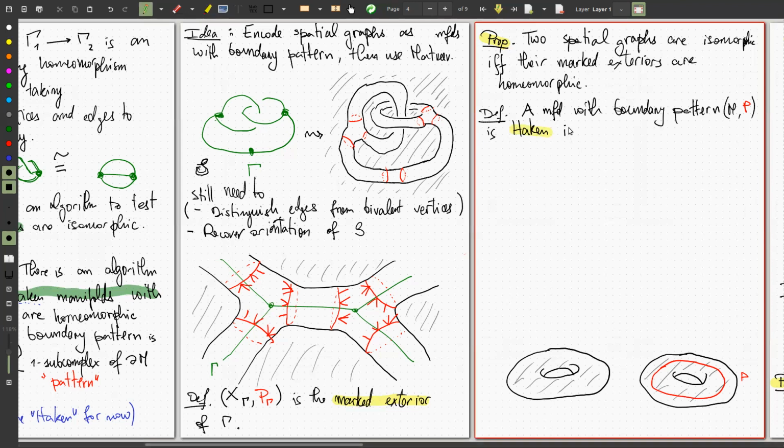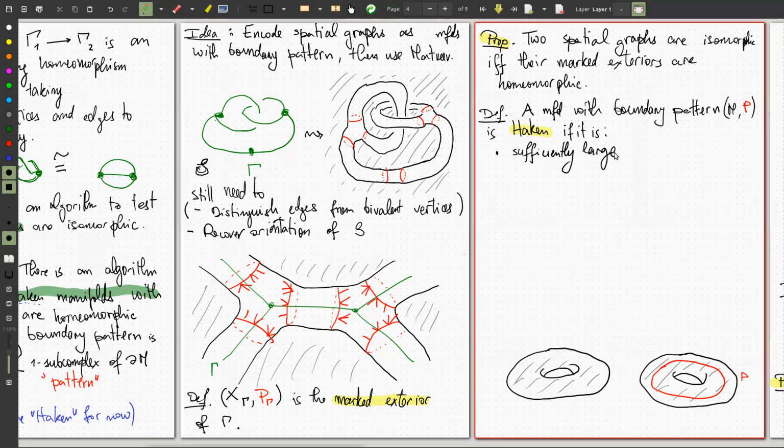So if it is, and now I'm going to drop 3 other properties. It's like the Hydra, where you cut one head and 3 heads appear. It has to be sufficiently large, and I'm going to explain what this means.